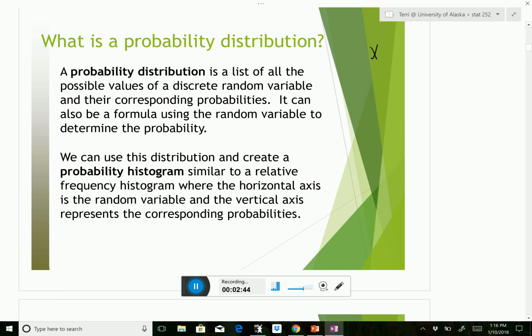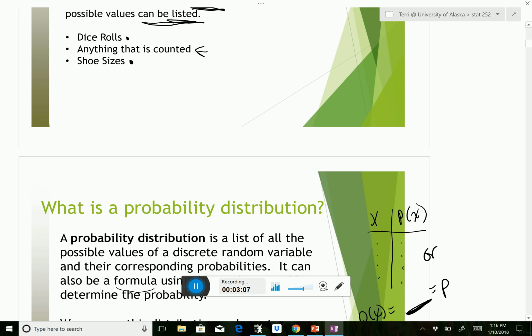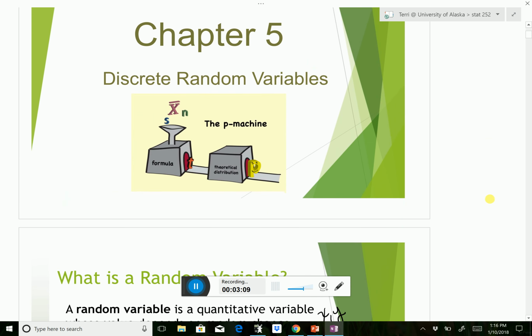Usually we have x, and then the probability that it equals x, and so we just make a table out of it. Or another way to do it, we can also have a formula: the probability of x equals some kind of formula that spits out a probability.